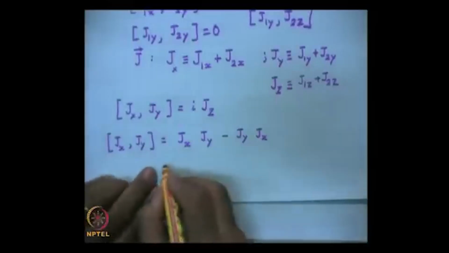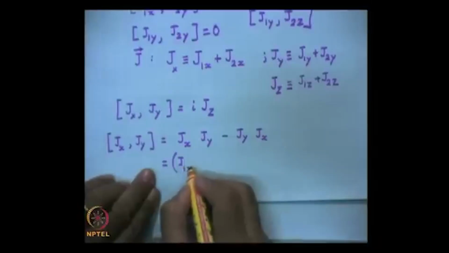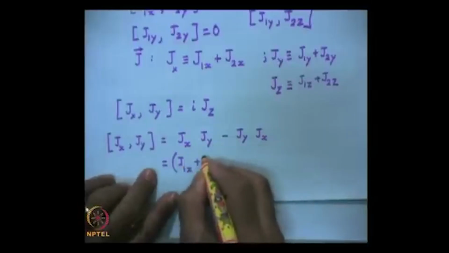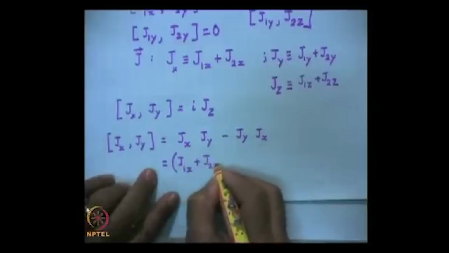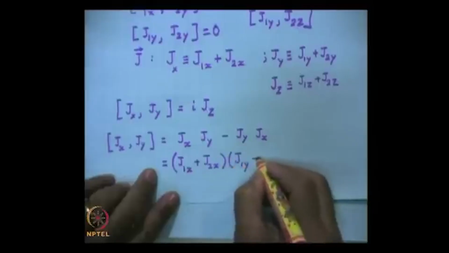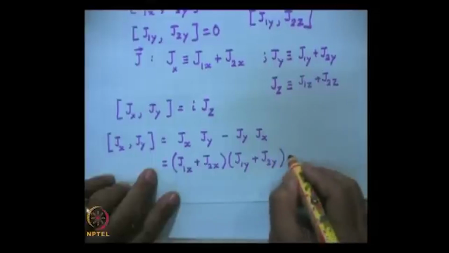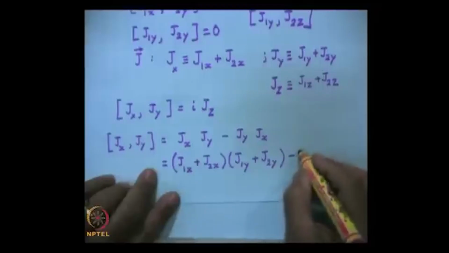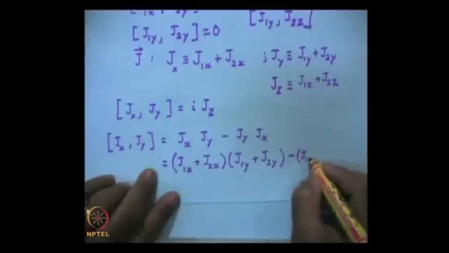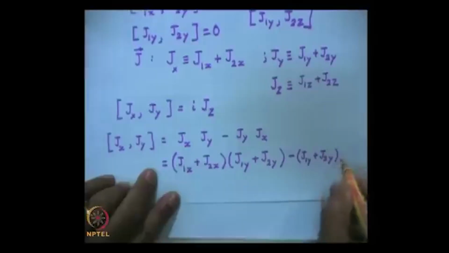So, you see Jx is equal to J1x plus J2x, multiplied by J1y plus J2y, minus the same terms, but in the reverse order. So, J1y plus J2y multiplied by J1x plus J2x.